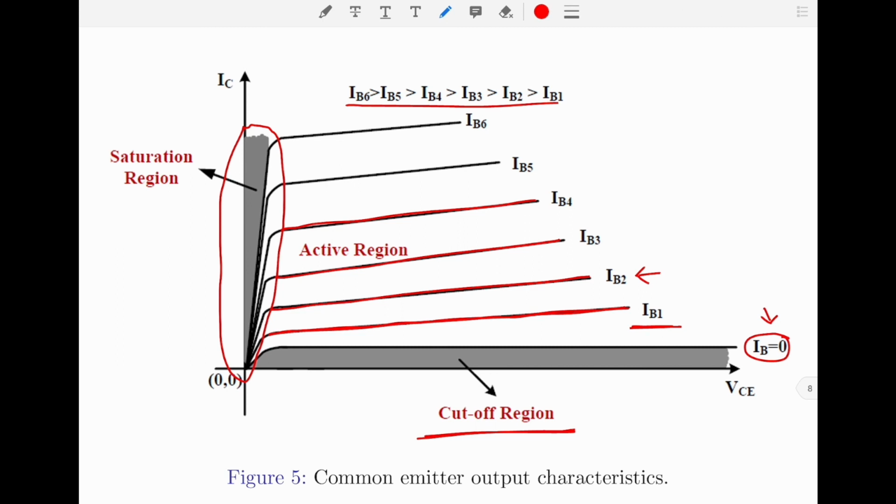Once again, since IC and IB are related by the equation IC equals beta IB, any increase in the base current will create a rapid increase in the collector current as well. Because of this, you can see that the slope of these characteristic curves in the saturation region depends upon the value of IB. Higher the value of IB, higher will be the slope.